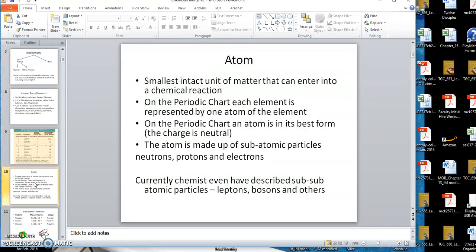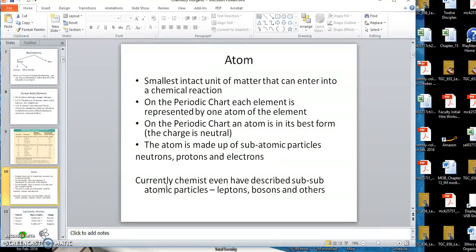As I alluded to on the periodic chart, each element is represented by one atom of this. That particular atom, using my terms, is in its best form. Okay? The atoms are made up of something we call subatomic particles. The main subatomic particles we have are the neutrons, we'll speak on the protons, and the electrons.